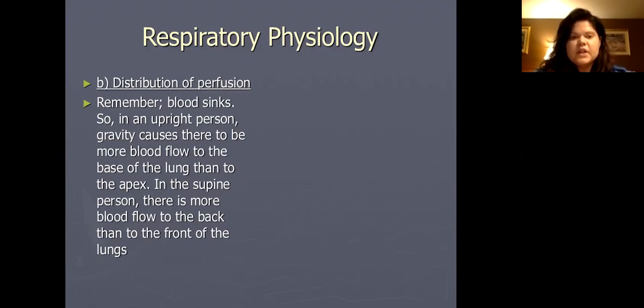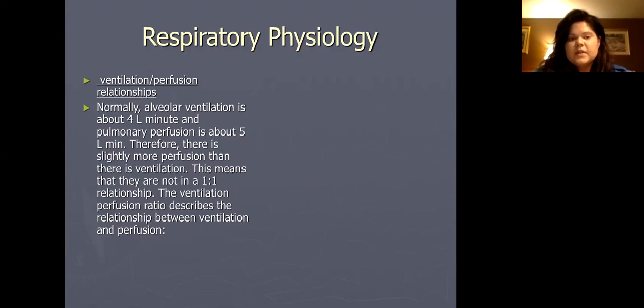Distribution of perfusion, blood's going to sink. So in an upright person, gravity causes more blood flow to the base of the lungs than the apex. In the supine person, there's more blood flow to the back of the lungs. So the relationship between ventilation, normally alveolar ventilation is about 4 liters per minute, and pulmonary perfusion is about 5 liters.